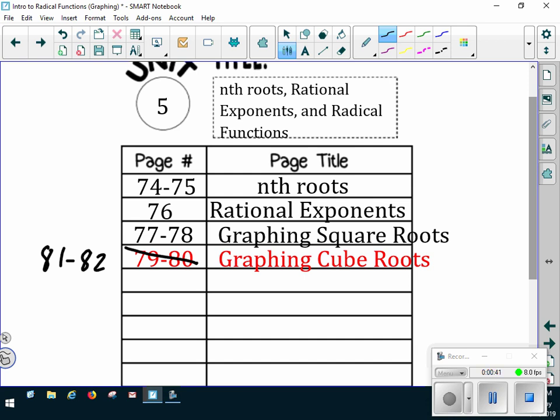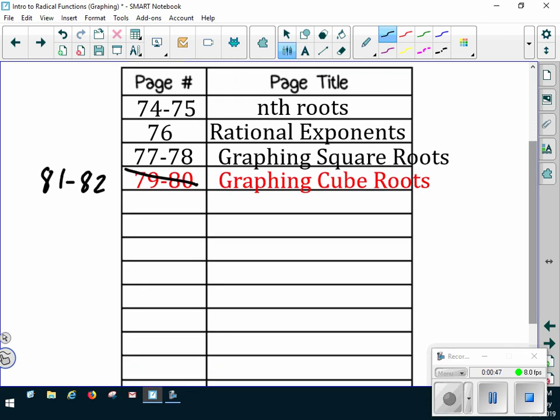Can we put it in the table of contents now? Give me a second. I'll tell you what, why don't we just go ahead and finish the table of contents for this unit. So after graphing cube roots is solving radical equations.